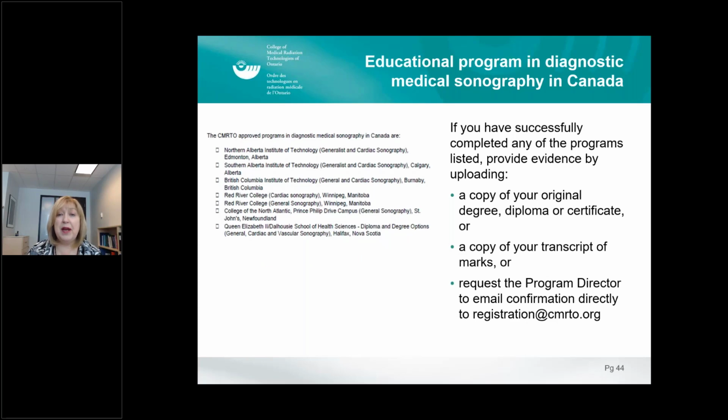The educational programs that are approved in Canada, so outside Ontario, but still within Canada, there is a list of approved programs in our registration regulation. And so it is in the guide. So if you've completed any of those, same thing, you would upload a transcript of your marks or your degree or diploma.